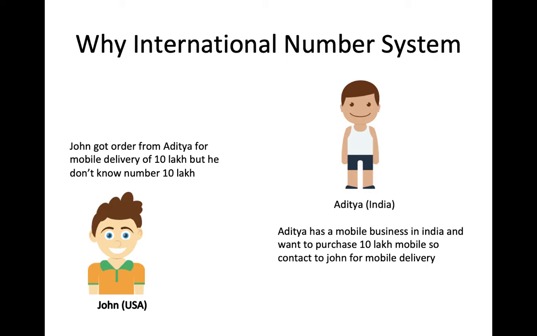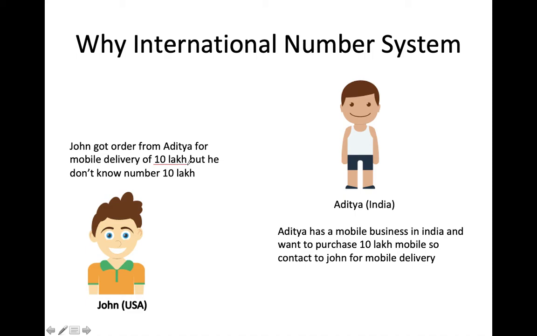Now suppose Aditya grows up and starts a mobile business, and he wants to purchase around 10 lakh mobiles from the USA. Because Aditya is from India, he knows 10 lakh is a number according to the Indian system. But John is from the USA, so he doesn't know about 10 lakh.